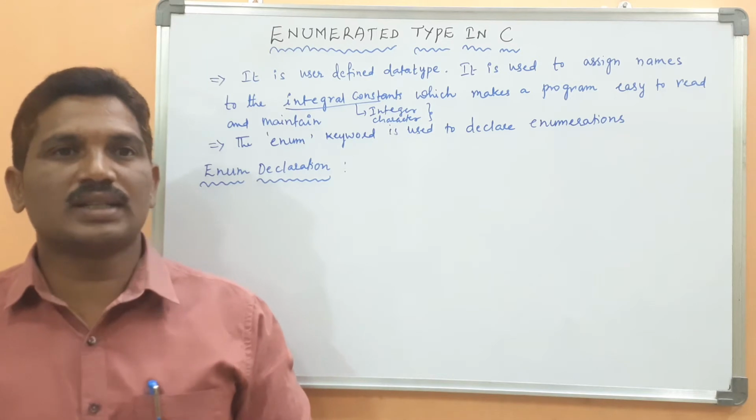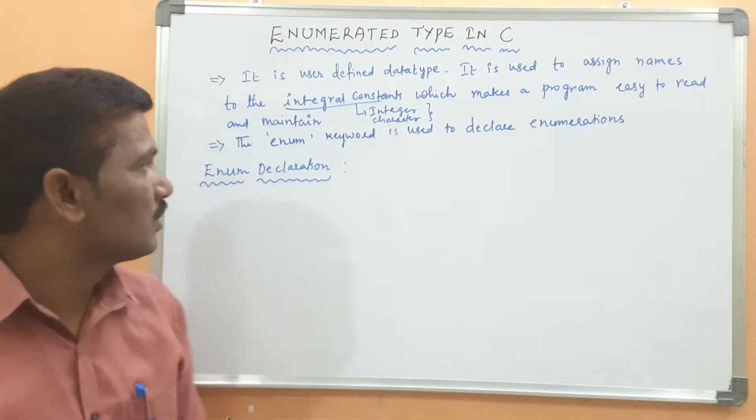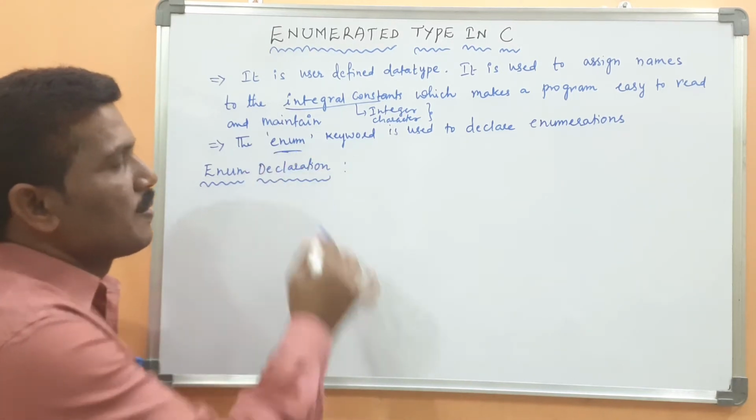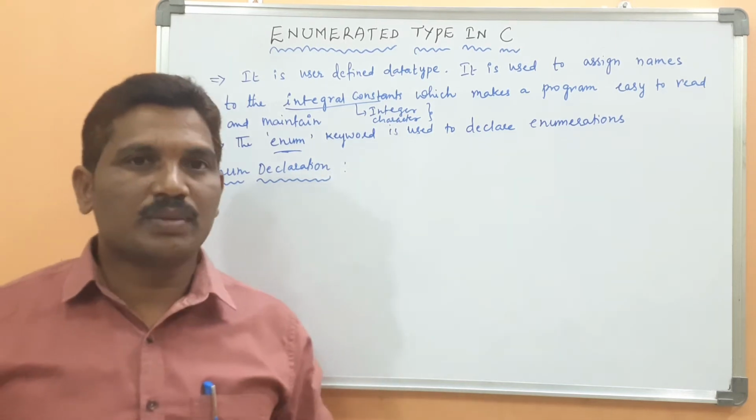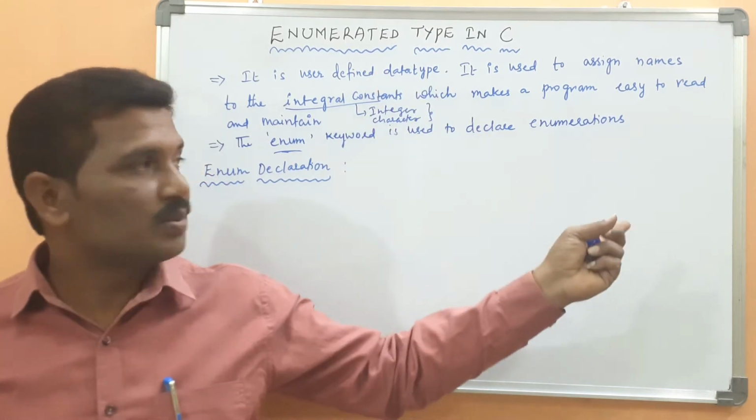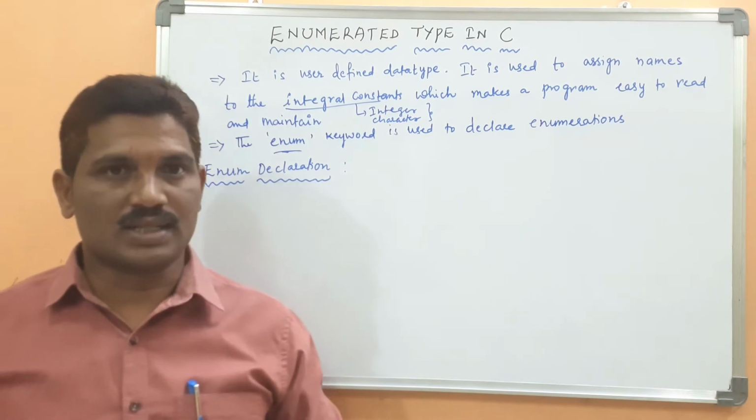But how do you declare the enumerated type in a C program? The enum keyword is used to declare enumerations. The enumerated type is also called enumerations.